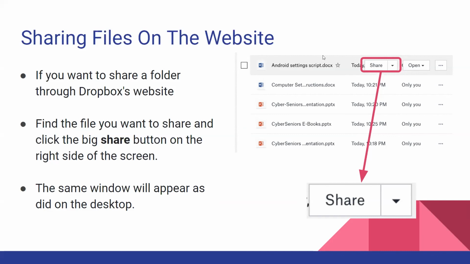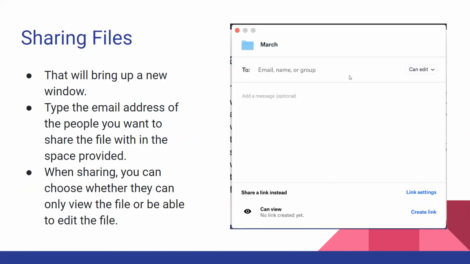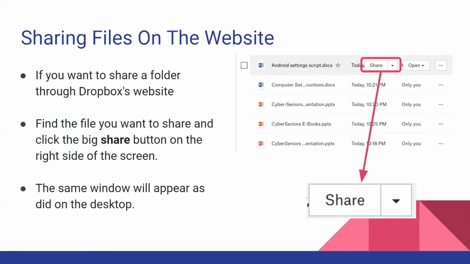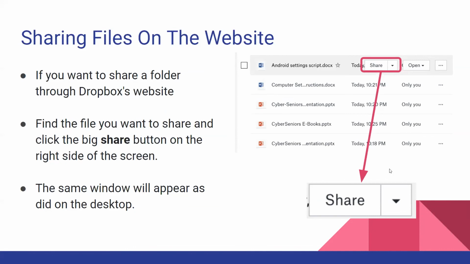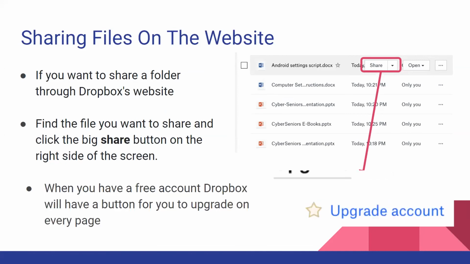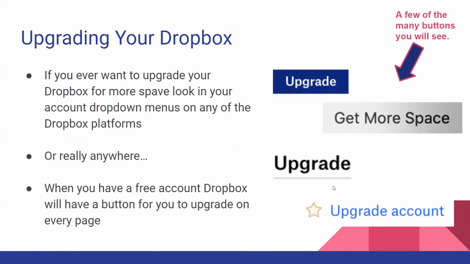If you click on the share button on that particular file, that same window that we were just looking at before will pop up, and you'll be able to either put in an email address or again create a link and share that way. So that's the desktop and the website version of sharing, both pretty similar.